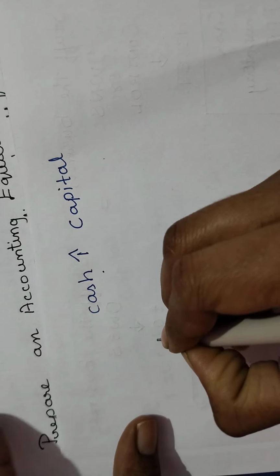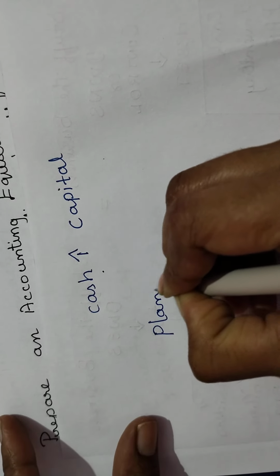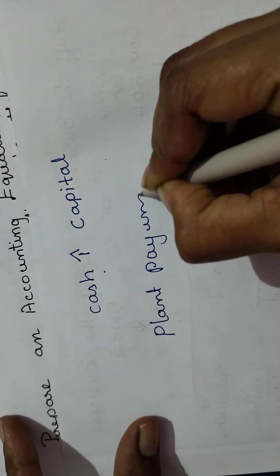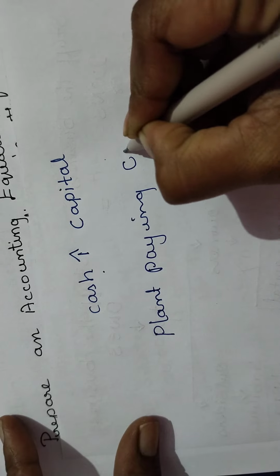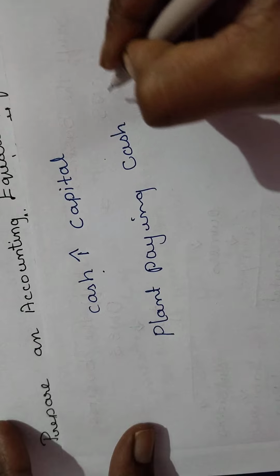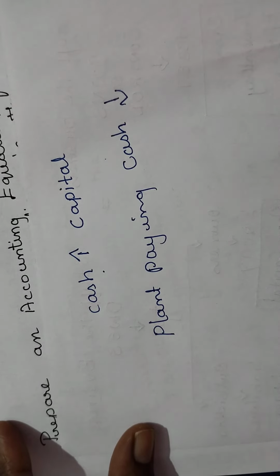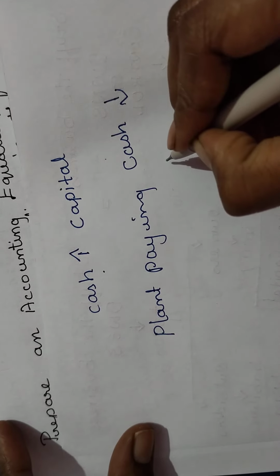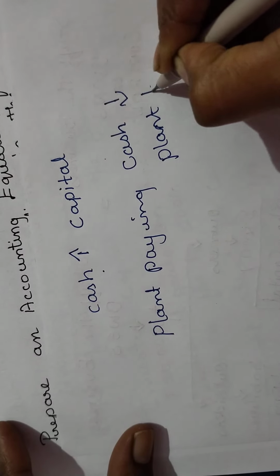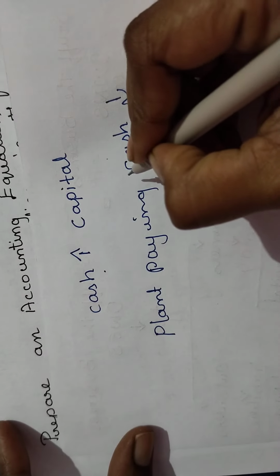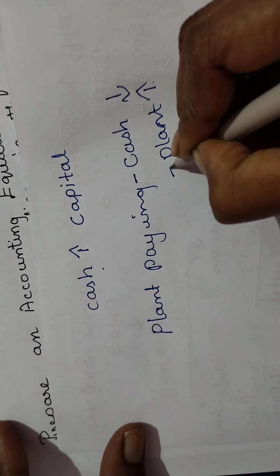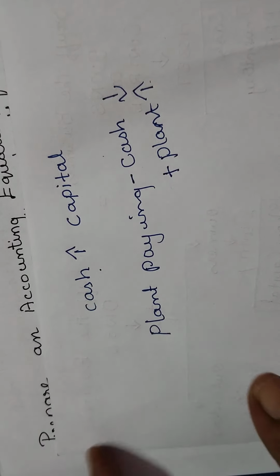You bought a plant by making payment in cash. Whenever you made a payment in cash, it reduced your cash and increased your fixed asset. So you have one negative effect and one positive effect, right?